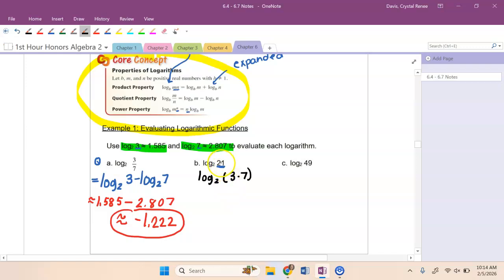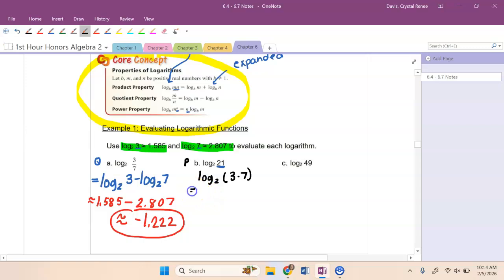All I did is write this a little bit differently. 21 is equal to 3 times 7, so I can substitute them. Now I can see this as a product, so we could use the product property from up top. Notice the product property tells us if we're multiplying two numbers, when we expand them, we can simply add them. So that's what I'm going to do.